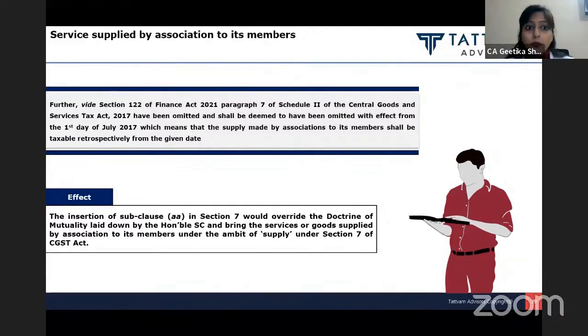It says person, which is very wide to cover any association of persons, a joint venture, a partnership firm, or an AOP where people come together. In all these cases, the members and the bodies constituted by joining the members will be considered as two different persons, and any transaction, whether of goods or services, will get taxed.